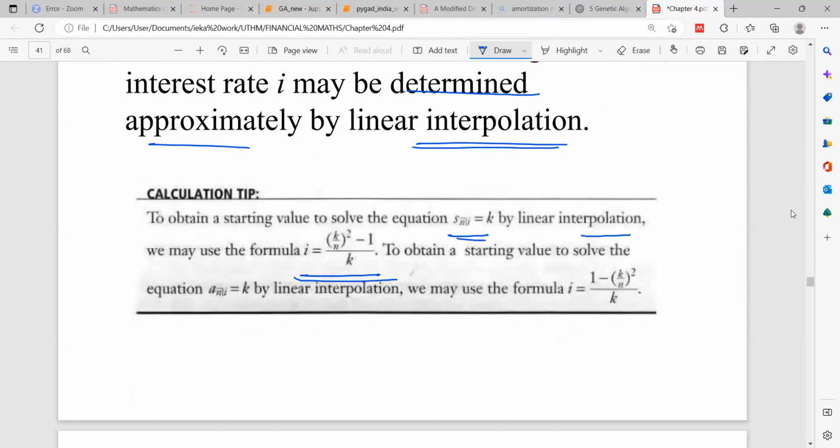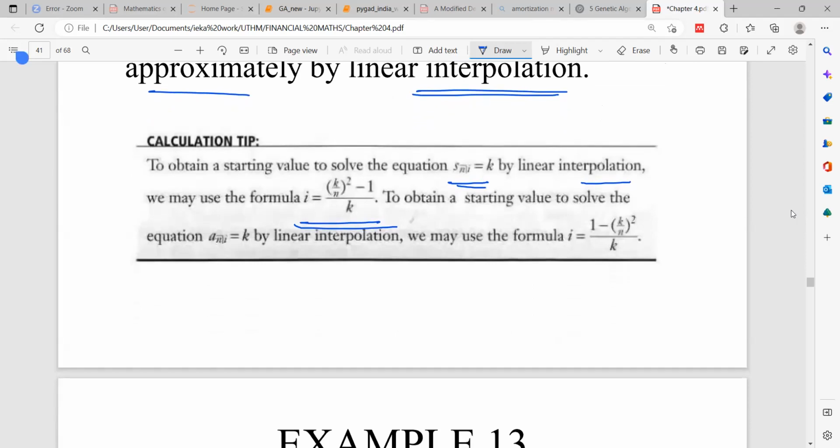To obtain the starting value to solve the equation s angle n at i is equal to k by linear interpolation, we may use the formula i is equal to (k over n) to the power of 2 minus 1 over k. To obtain a starting value to solve a angle n at i is equal to k, we may use the formula i is equal to 1 minus (k over n) to the power of 2 over k.